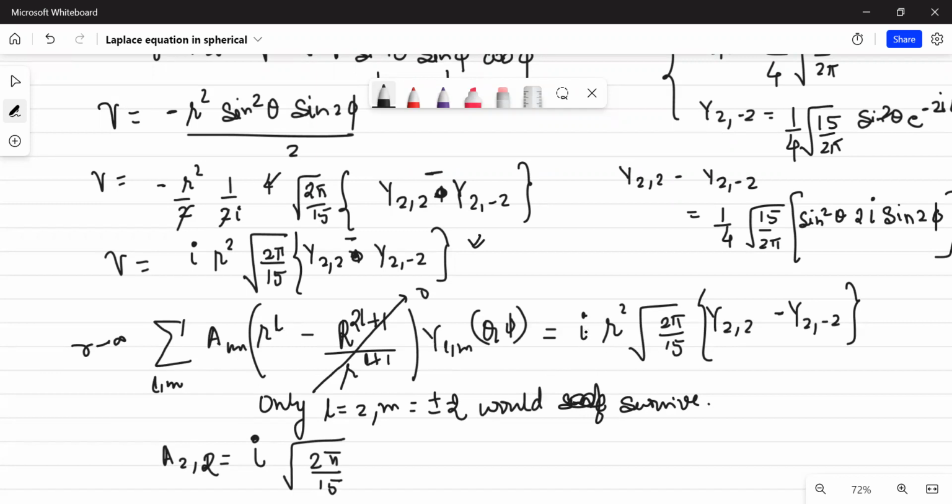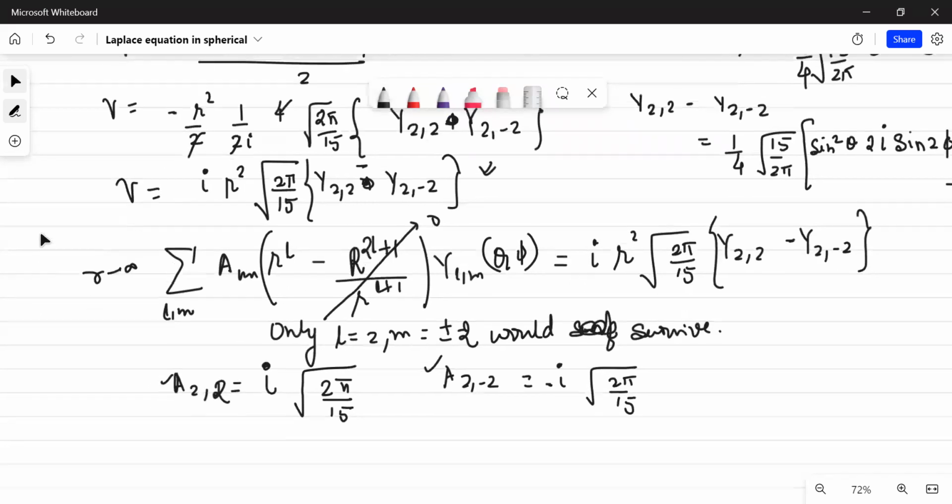So compare both of the sides, you'll get iota root over 2 pi upon 15. And if you write A2 minus 2, it will be equal to iota, and then root over 2 pi upon 15, and then there will be a negative sign. I hope it is clear. So these two terms one has to remember. Okay, these two terms we have found.